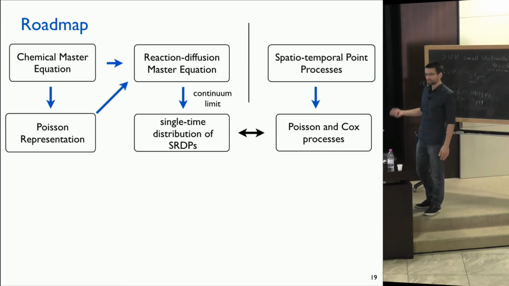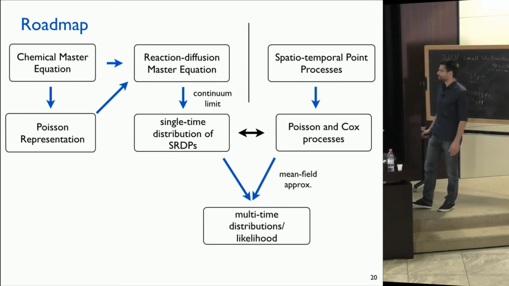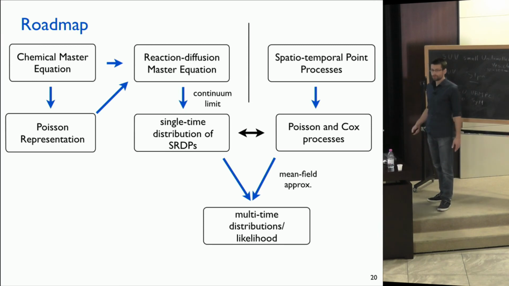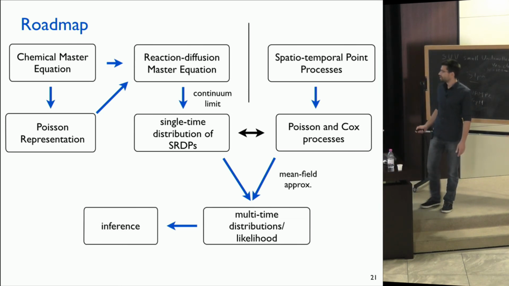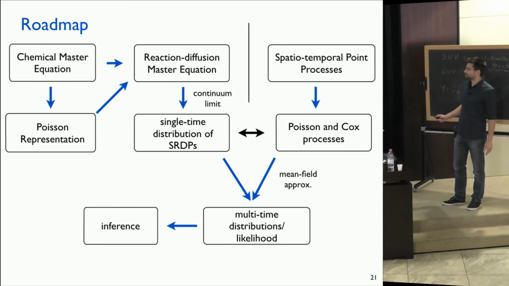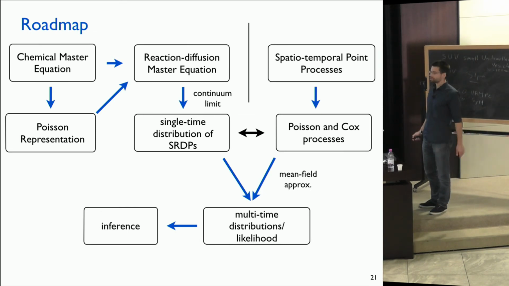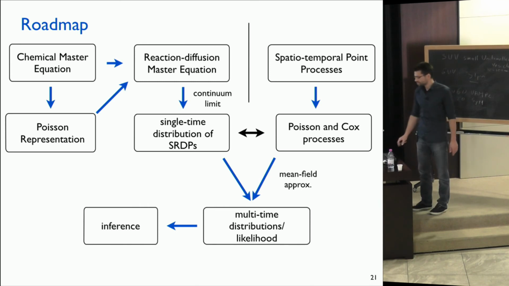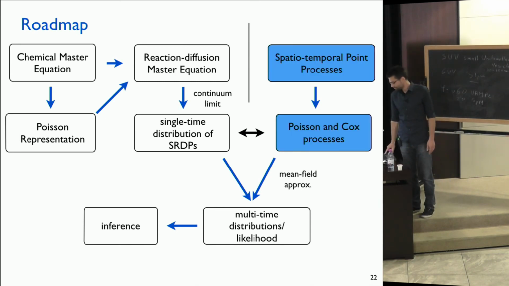To do the inference for the type of data we want to, we will need multi-time points though, so we will next have to do a mean field approximation to arrive at multi-time distributions, which will then allow us to compute the likelihood very efficiently and make it very straightforward to do inference. Okay, we have already partially talked about the chemical reaction systems on the left side, and I think the audience might be less familiar with the point processes, so let's start next by talking about those.